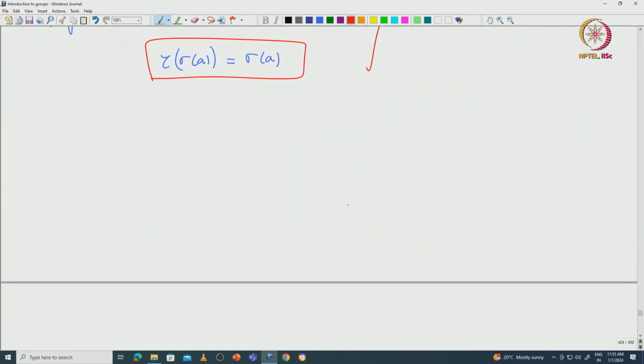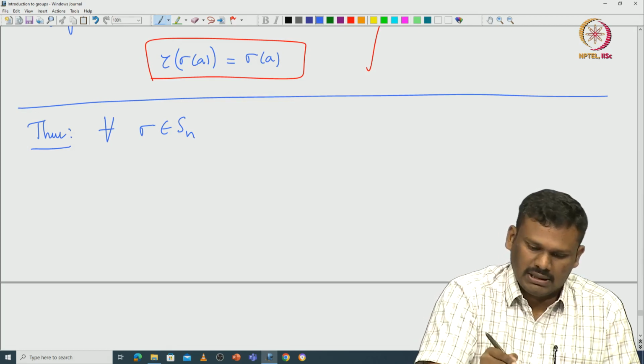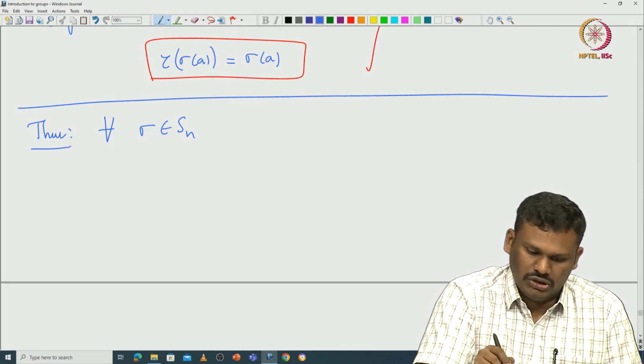Okay. So, now we are ready to state our main result. Let us take any permutation sigma in Sn. So, here is the theorem. For any sigma in Sn, there exist unique cycles tau 1 etc. tau k, all disjoint cycles.